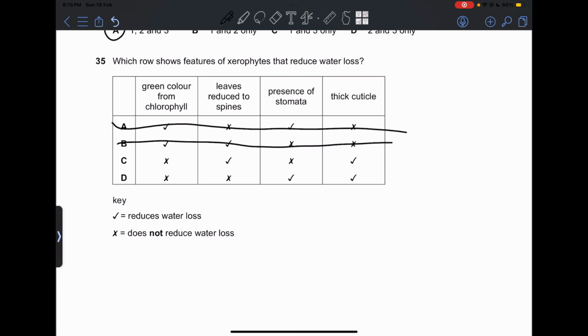Presence of stomata, again, this is not something that necessarily will reduce water loss. Thick cuticle, this is correct because it helps to reduce the diffusion from the cuticle area, because it makes it harder for the diffusion to occur because there are many layers. So our answer is going to be C.